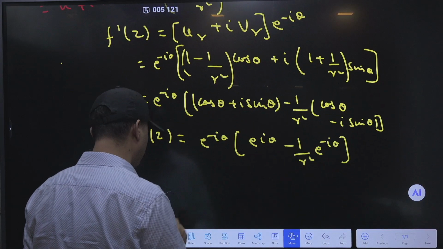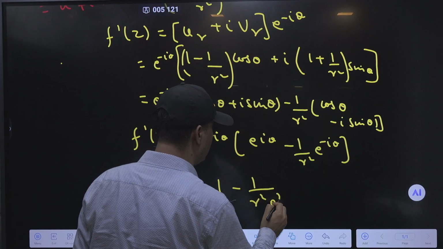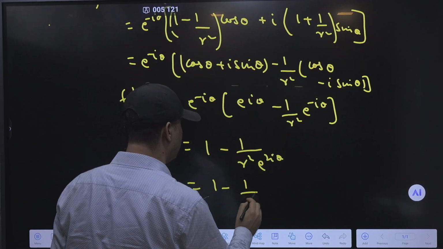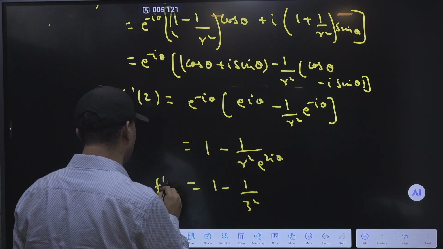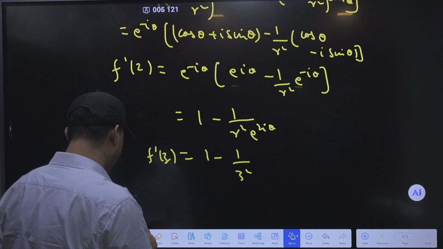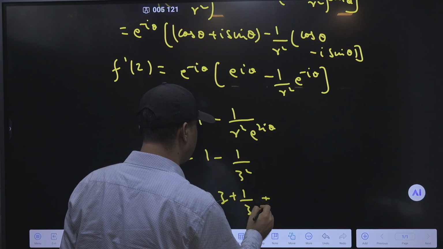So this is equal to 1 − (1/r²) e^(−2iθ). Well, this can be written in terms of z. So f'(z) is equal to 1 − 1/z². So f(z) is equal to z + 1/z + c.